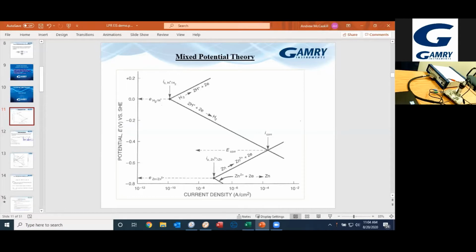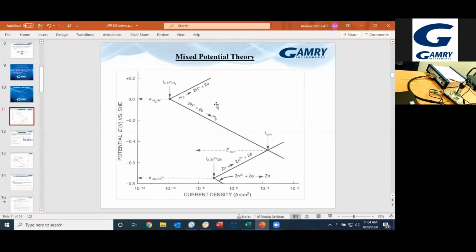So you always have to have one of each in any electrochemical process. And both of these reactions have to occur at the same interface, on the same surface. So what you end up seeing happening is that both potentials of the two reactions have to come to a common value. And that's what you see happening here.